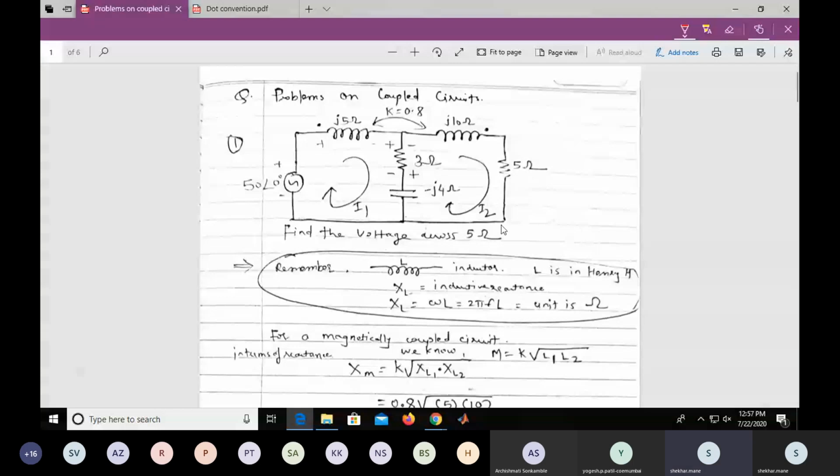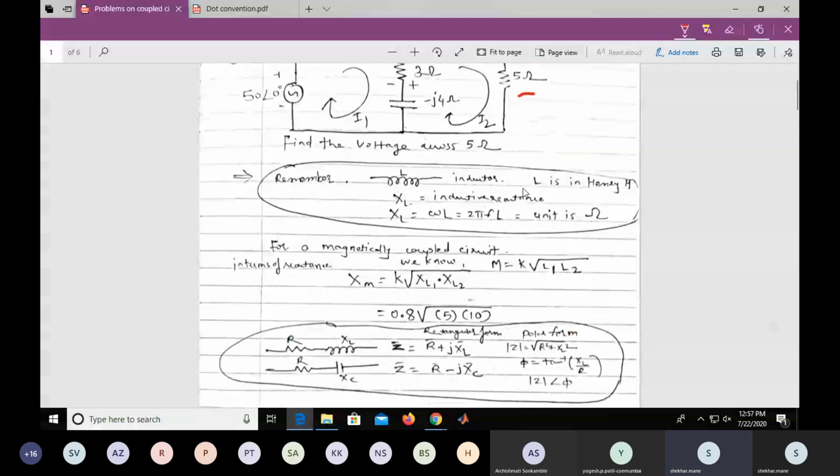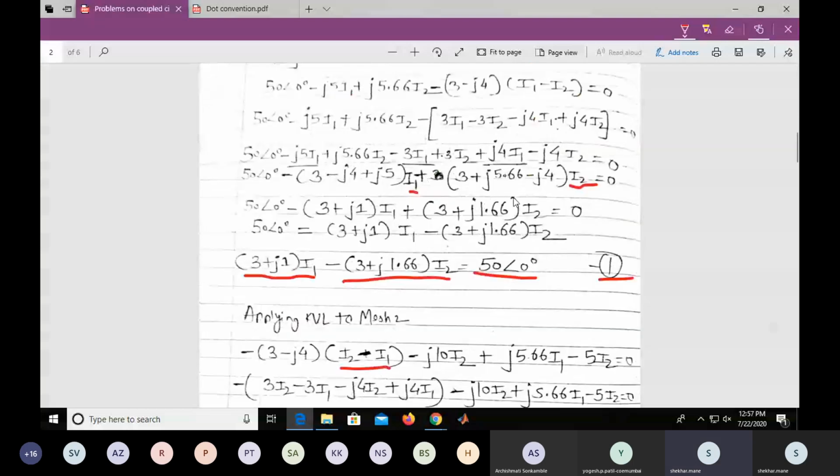So the voltage across the 5 ohm is nothing but 5 into I2. That's why we have to find I2 first. No need to find I1. We can directly find I2. So that's why we go for I2.